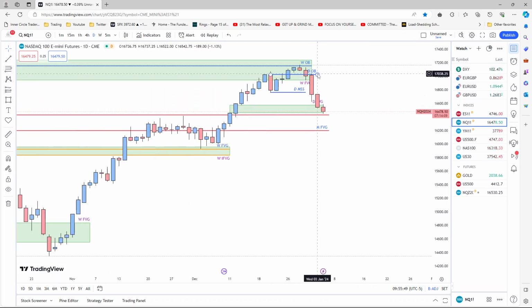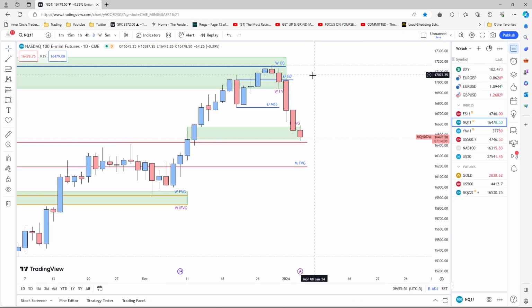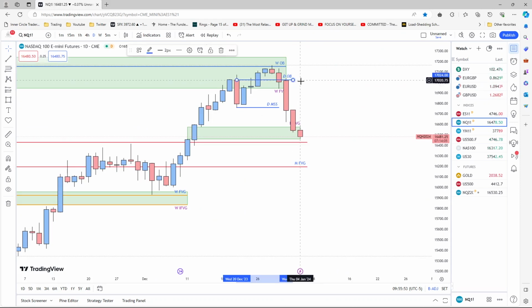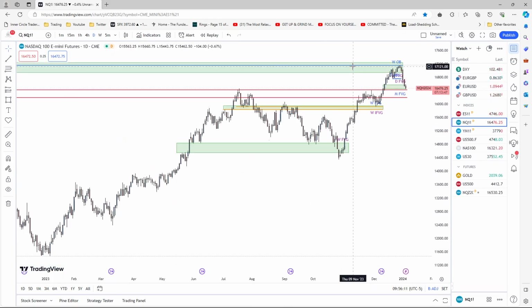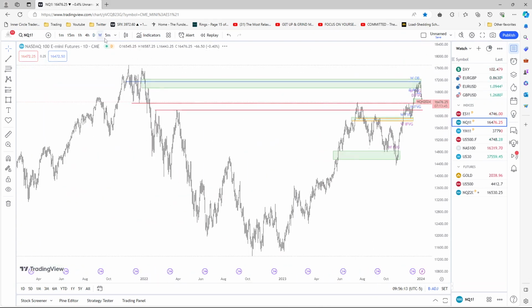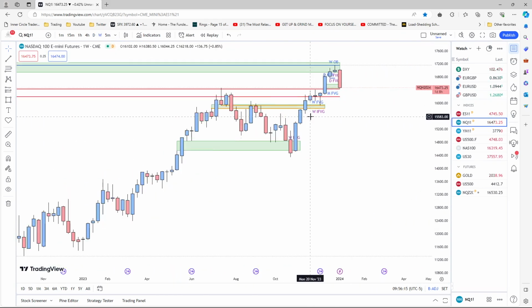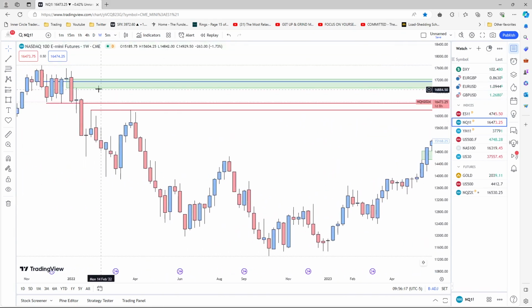We also traded into a, what is this, daily order block. Yes, that is correct. This was an order block, which is now failed. So that is a breaker block now, so that is now no longer a valid level. And we have a weekly order block on this side. Let's go up to weekly order block.